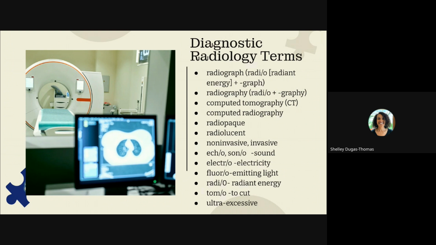Opaque versus lucent. These two terms are vital for reading radiology reports. Radiopaque substances block radiation, meaning they show up white on a scan, like a bone or metal. Radiolucent means radiation passes right through them easily, so they show up dark, like air in the lungs.